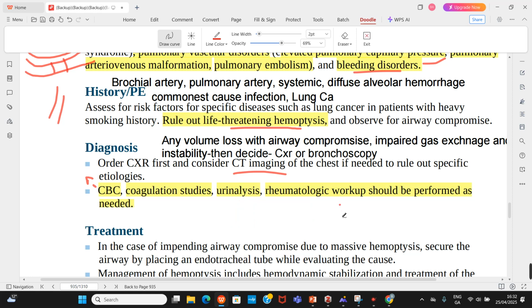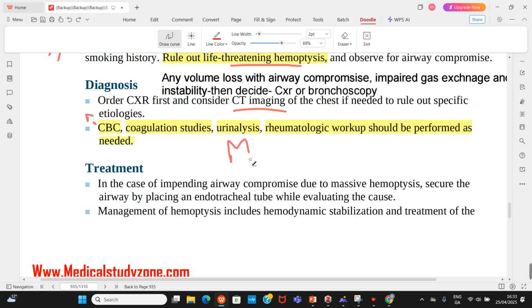But it's actually PR3. Wegener's has the C-ANCA, the proteinase 3 antibody. So they go together, you do them. It's like MPO P-ANCA, myeloperoxidase P-ANCA, and PR3 C-ANCA.